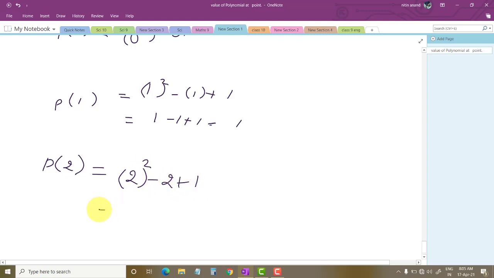It becomes 2 square, that means 4, minus 2, and plus 1. It becomes 2 plus 1, that means 3. Okay, 3 should be our answer.